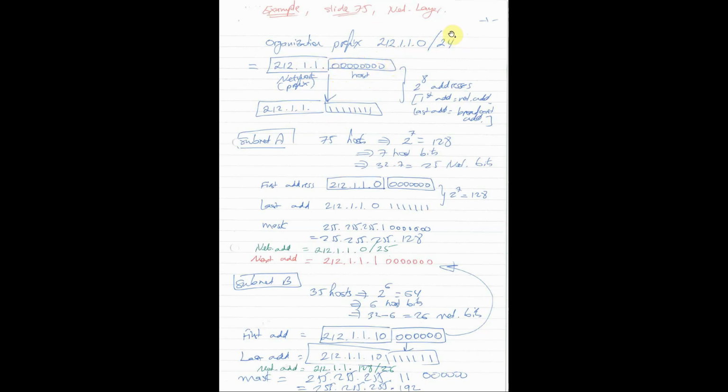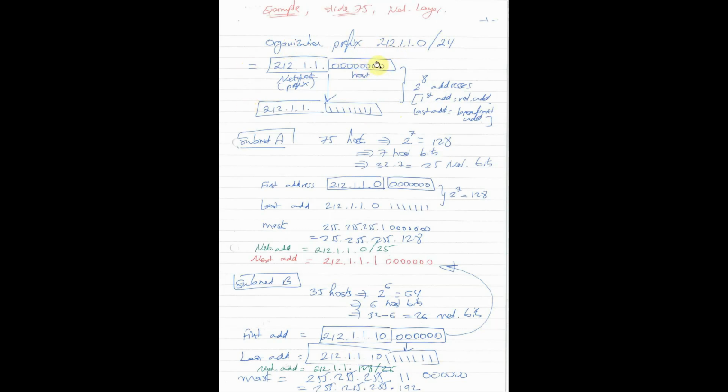They're just 8. 32 minus 24 is 8, and we enumerate them all so that we work out the range of IP addresses. So when we say an organization is assigned the prefix 212.1.1.0/24, it's equivalent to saying that this organization is allocated a block of IP addresses starting from this address and ending with this address.